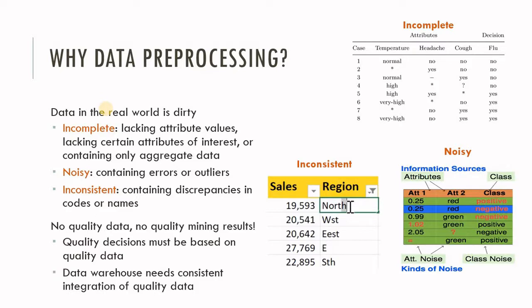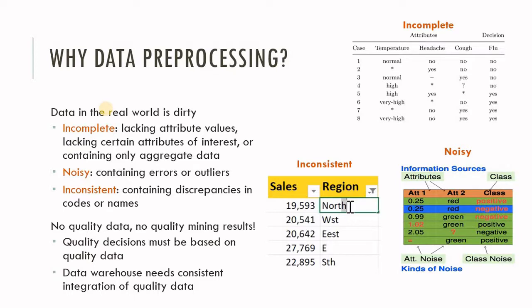Imagine that you are a manager at an electronics company, and you are in charge of analyzing the company's data with respect to your branch's sales. So you immediately set out to perform this task.